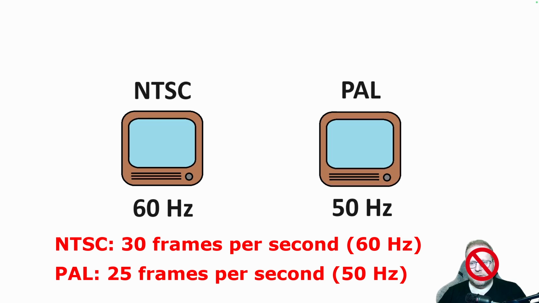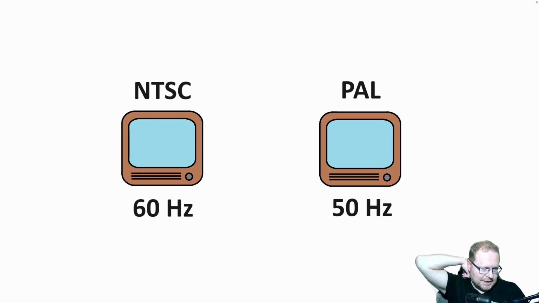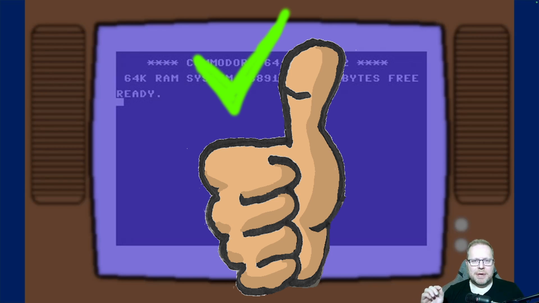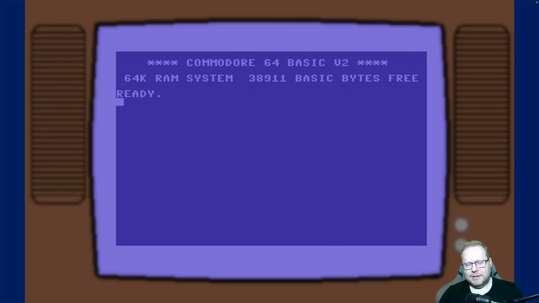For the PAL standard, it's 50 frames per second. Again, let's not go super into detail here, but it means that there are two different standards. What's important is how this works with the Commodore 64: the screen is updated 50 or 60 times a second based on what TV standard you have.